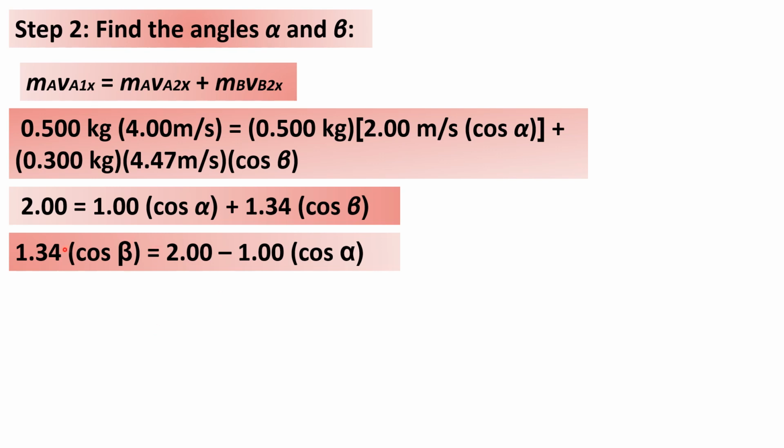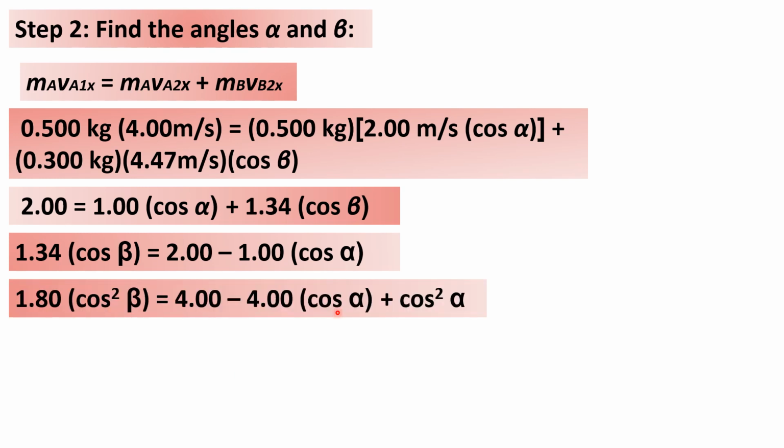After that, the next procedure is to square the whole thing. Square all the terms in the equation. So the square of 1.34 is 1.80.